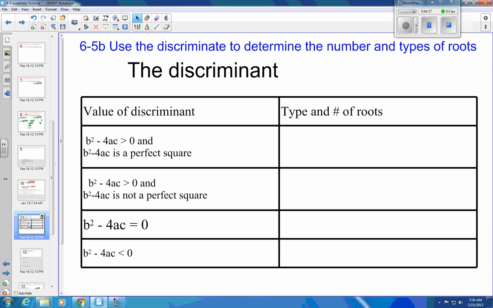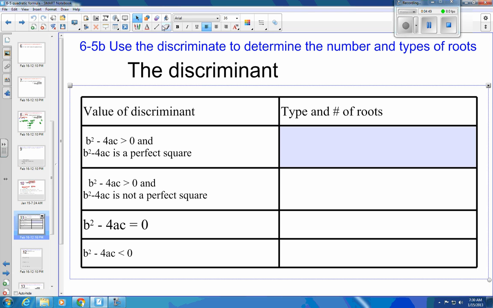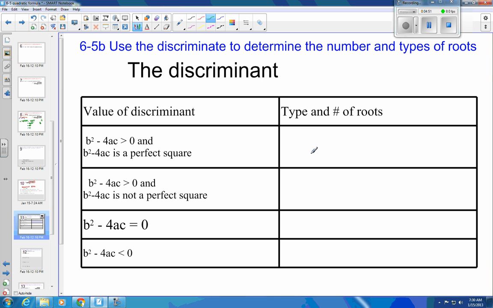So let's put this into our table here. So the value of the discriminant, and that's what this says. If this value here is positive and a perfect square, you end up with 2 real rational roots. And you'll want to copy this table down, so you want to pause this video and get this in there.